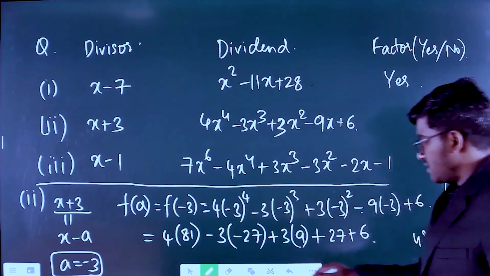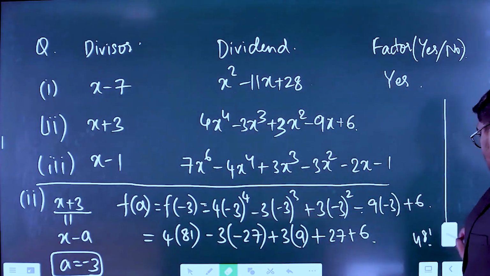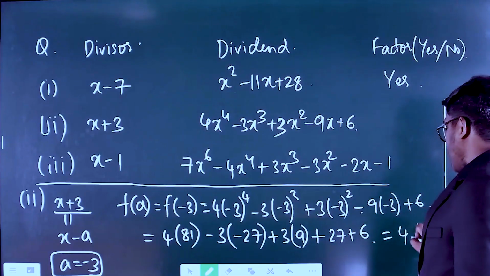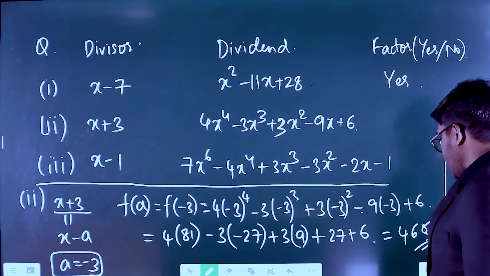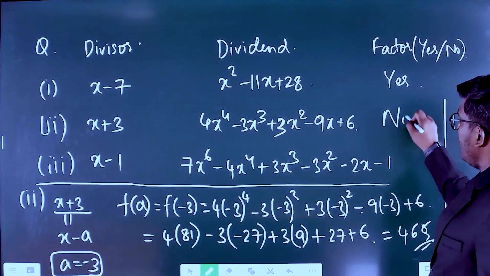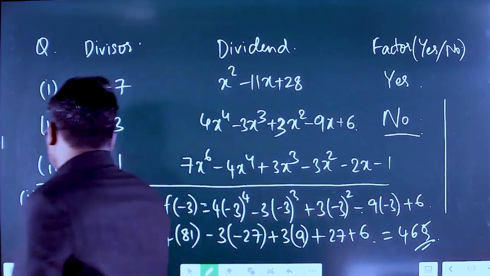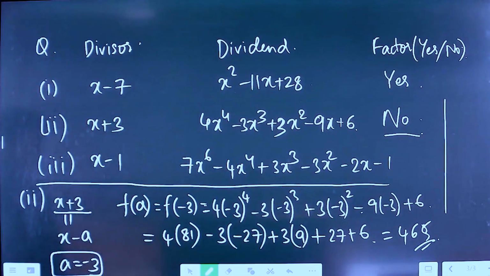Yeah, it'll be 465. The final value will be 465. Since the remainder is not 0, the answer for this will be a no. Just note this down.